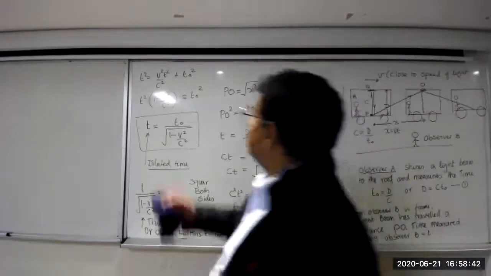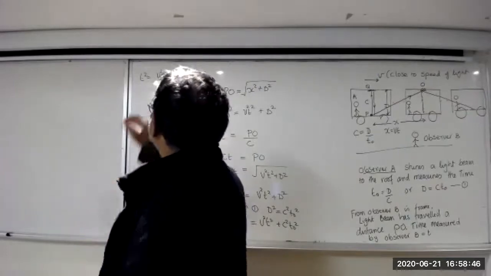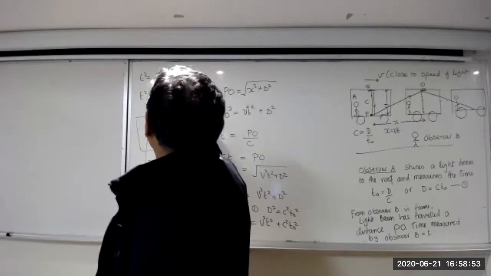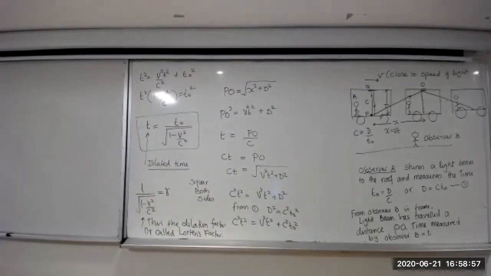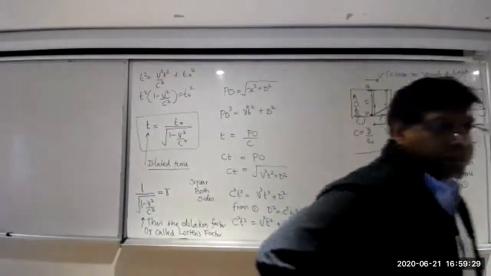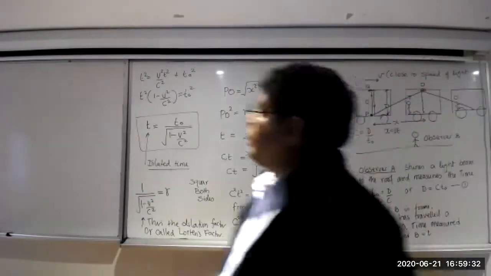If you guys can't see this step, turn off the light. So basically your T becomes gamma T0.